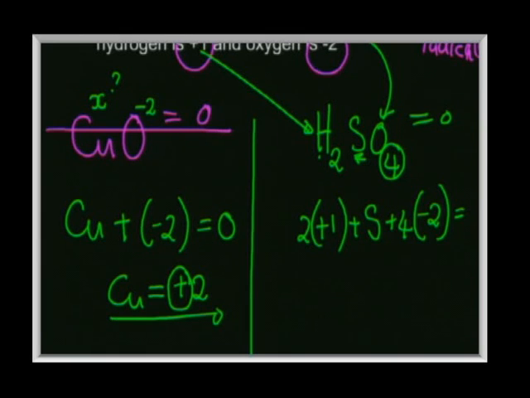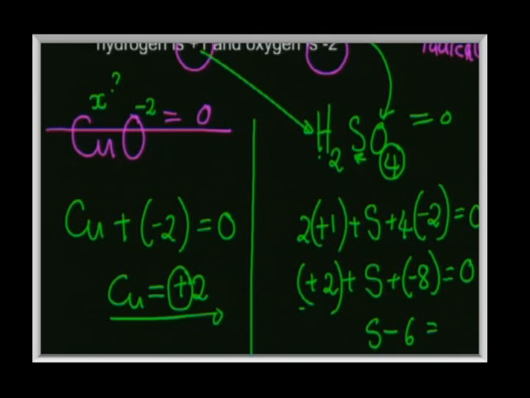Now, all of these oxidation numbers need to add up to a total of 0. 2 times +1 is going to give me +2, plus the unknown value for my sulfur, plus 4 times -2 is going to be -8. You would see that I like to keep things in brackets so that when I move them across, I can change the operator appropriately. So +2 minus -8, or plus -8, which is going to be -8, is going to give me -6. So sulfur -6 is equal to 0.